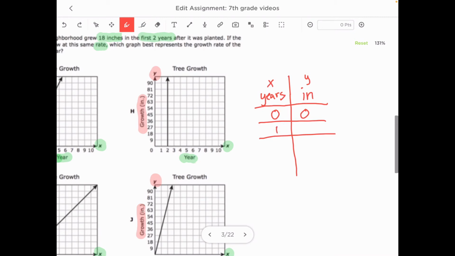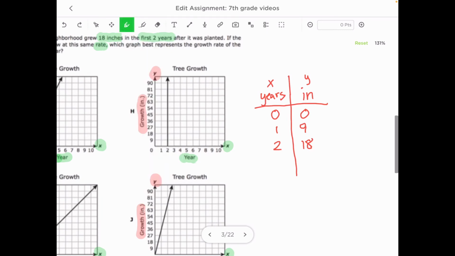But I do know that in 2 years, it grew 18 inches. Now, if 2 is double 1, well, what's half of 18? Half of 18 is 9 inches, because 9 plus 9 gives me 18. So with that being said, let's keep going.